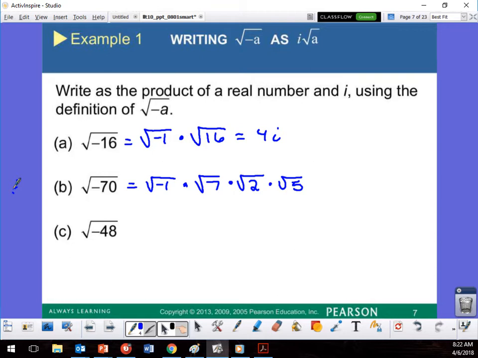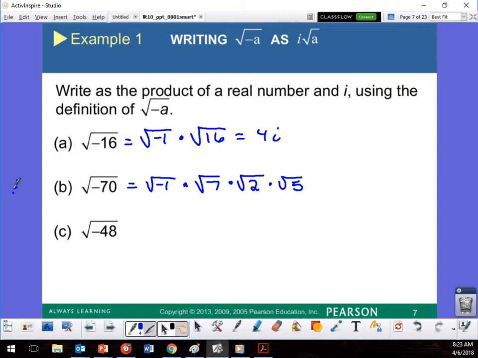Are there any perfect squares in there? No. If there are no perfect squares, then I leave it alone. So we just leave it as the square root of 70. So I put them all back together. I factor it to see if there's a perfect square. This one's not there, so the only thing I can factor out of that is my i, right?